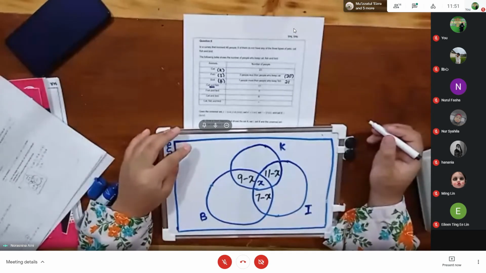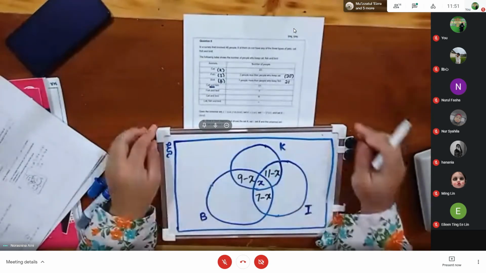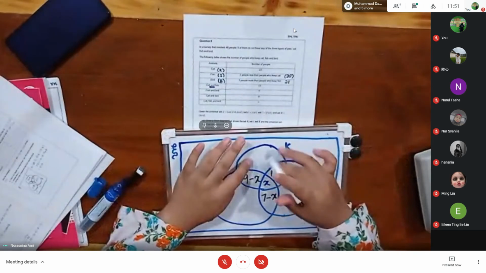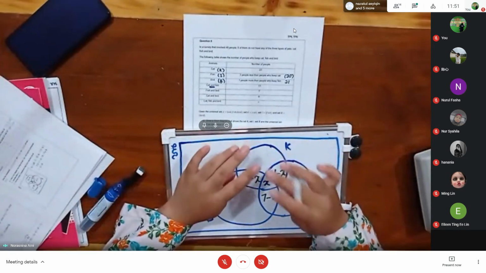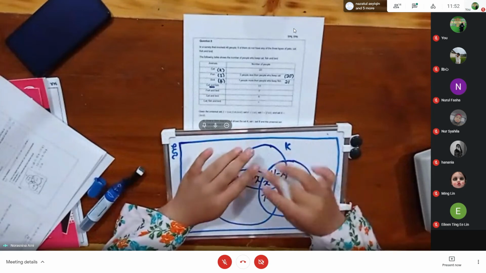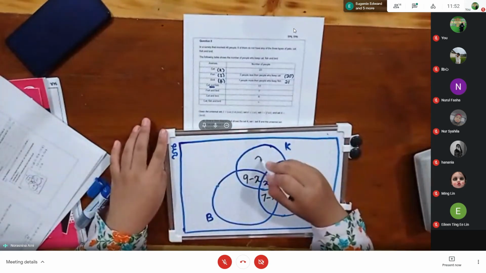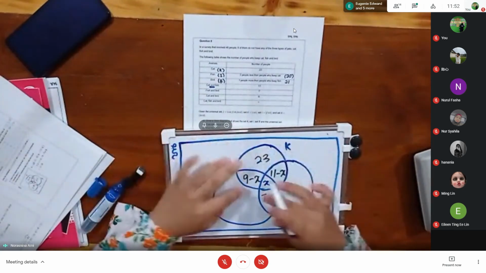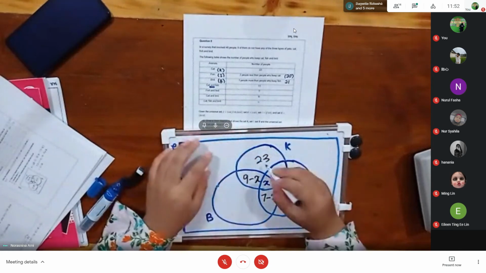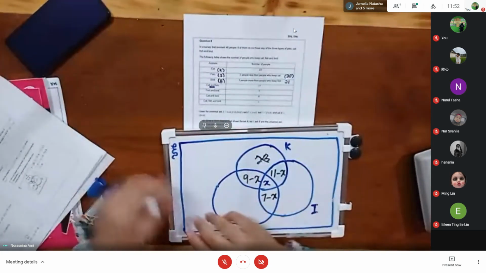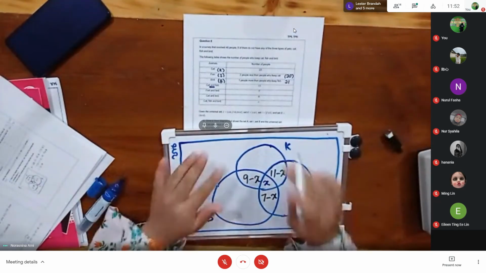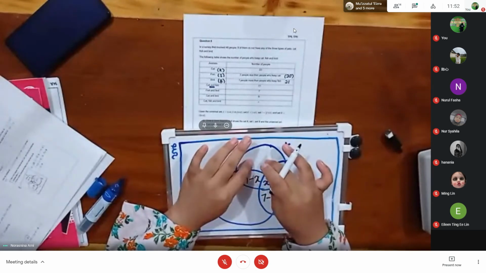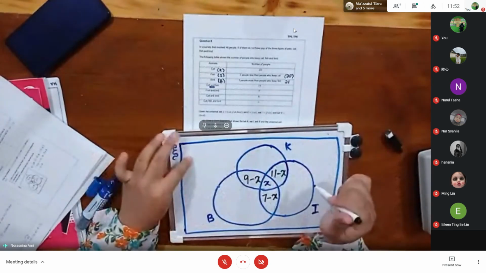Now we work out the number of people who like cat only. There are 23 people who like cat. But we cannot write 23 here because 23 represents this whole circle, so this is wrong. We must find the number of people who have cat only.